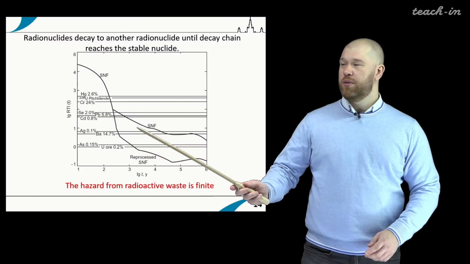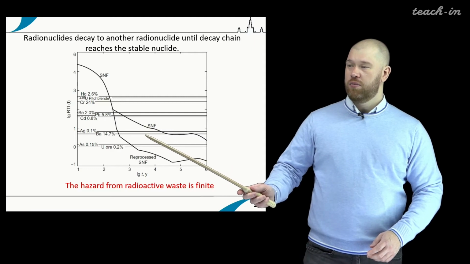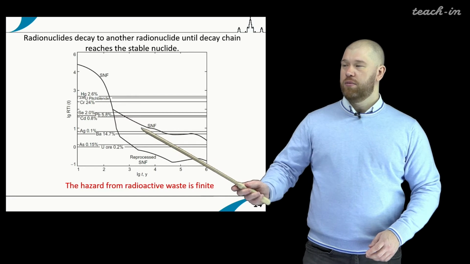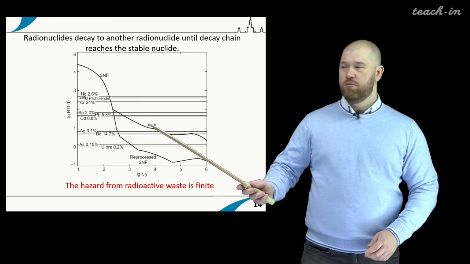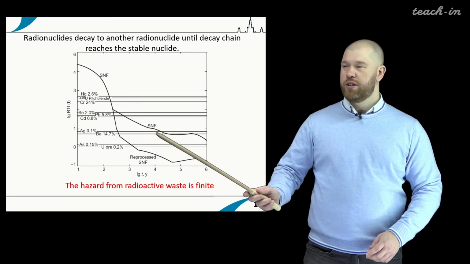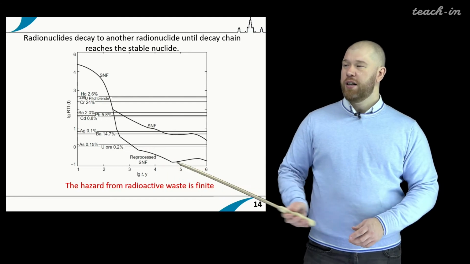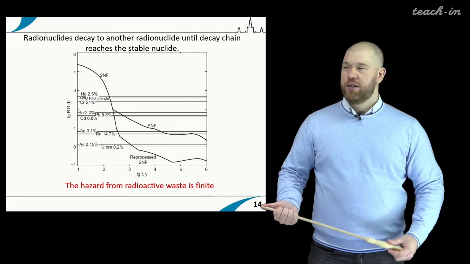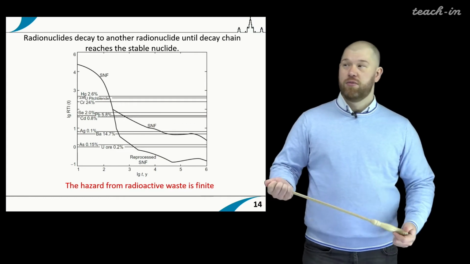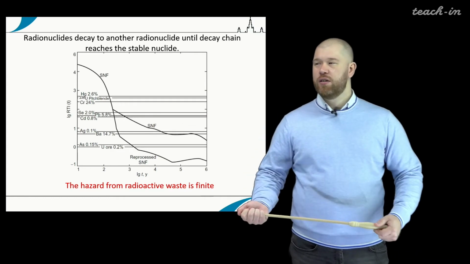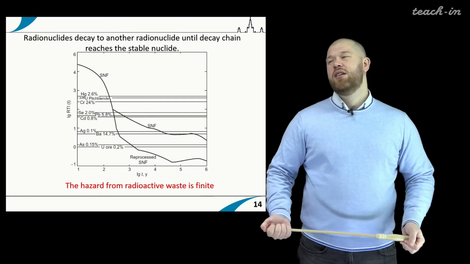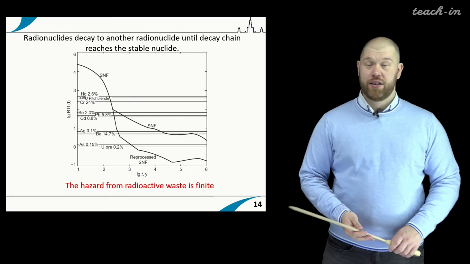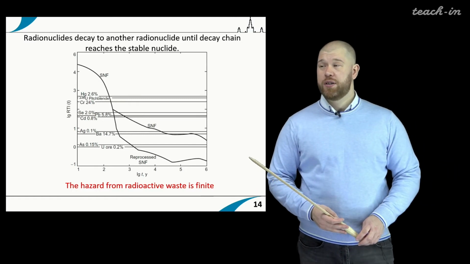Depending on whether we reprocess spent nuclear fuel or not, this decay will take longer time or shorter time, but anyway, after some time, you can clearly see that relative toxicity of common waste or common heavy metals will be much higher than the toxicity of radioactive waste.